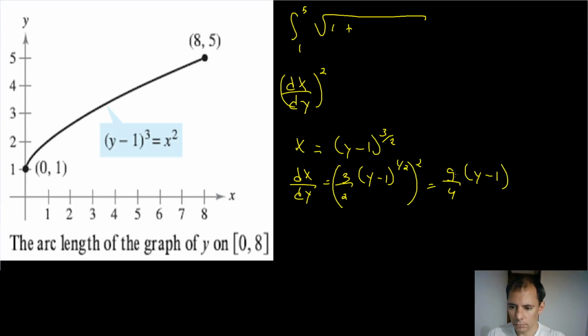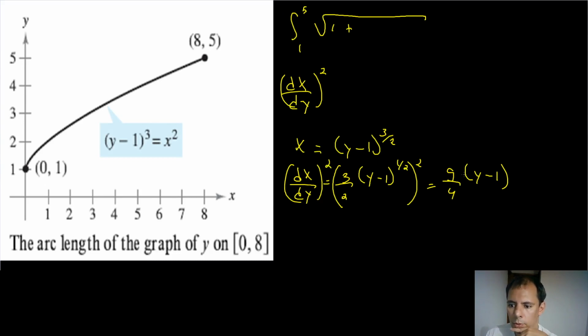Yeah, because you see y minus 1 to the half, and when you square it, it becomes y minus 1. So it's 1 plus this stuff. Yeah, it's 1 plus this thing. So I guess, because this is the thing squared, I gotta do this.